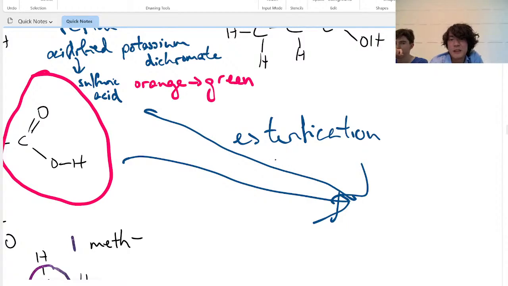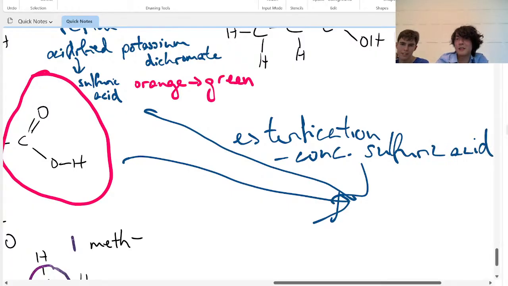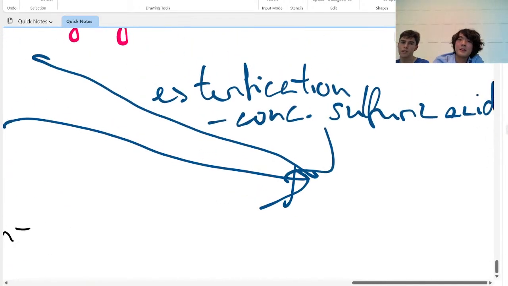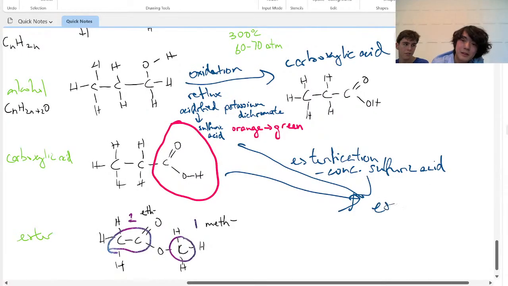And for esterification, you need concentrated sulfuric acid. Dilute will make it go the other way. And this is a reversible reaction, so make sure to do the double arrowheads if you're drawing the reaction.